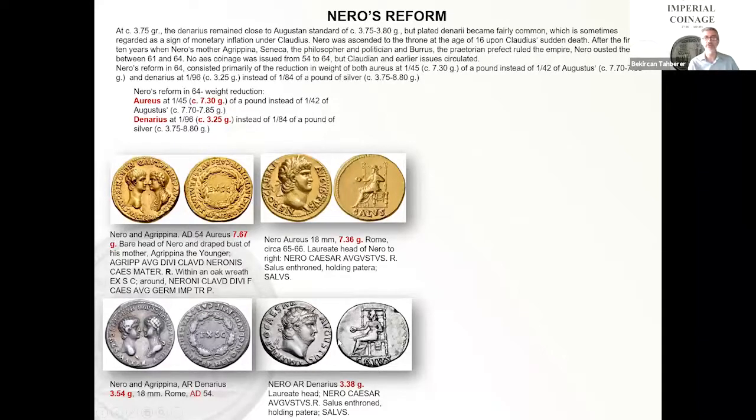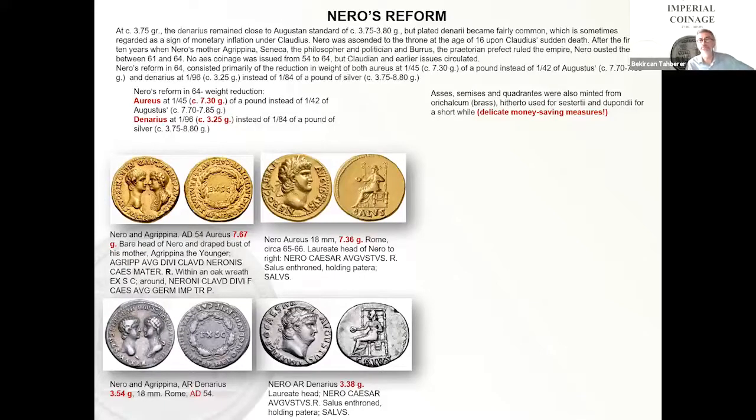This one is a heavy one. And asses, semises, and quadrantes were also minted from orichalcum, brass, instead of copper. Of course, brass is cheaper than copper. It's an alloy.